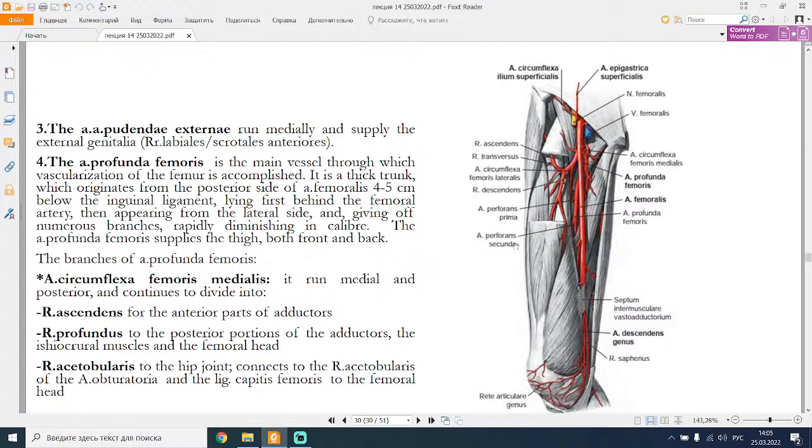Ramus acetabularis goes to the hip joint, connecting to the ramus acetabularis of the arteria obturatoria and the ligamentum capitis femoris to the femoral head.